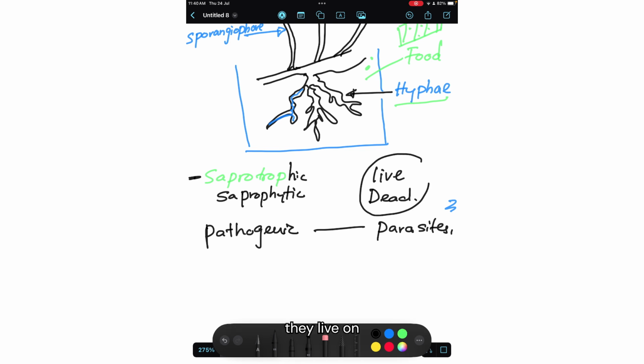They live on living organisms, work as parasites and cause diseases.